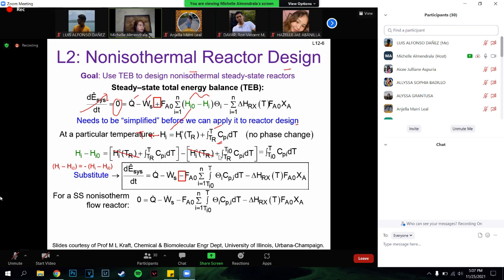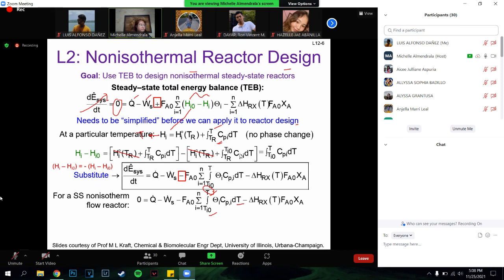We can cancel the T_R when we take the sum of both. So we end up with the simple definition of enthalpy from the initial temperature of the reactants to the final temperature of the reactants inside the reactor, a variable T, dT. That will be your integral of heat.